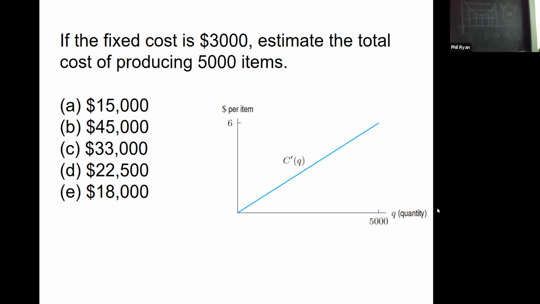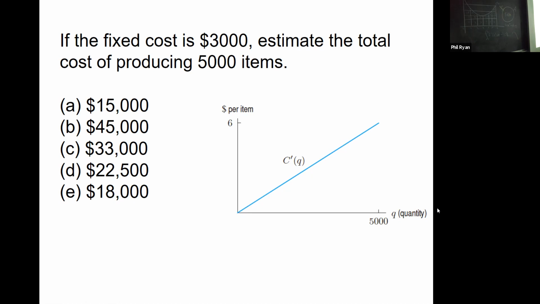Here's an economics question. The fixed cost is $3,000. What is the total cost of producing 5,000 items? Could be C?